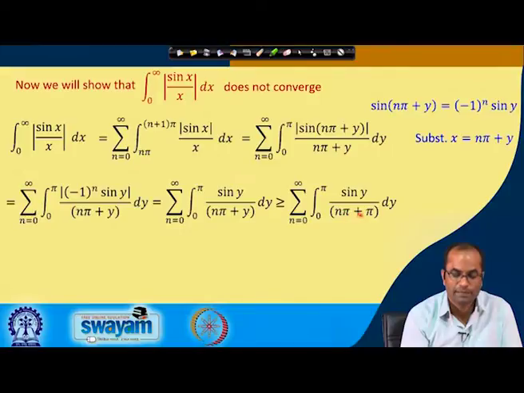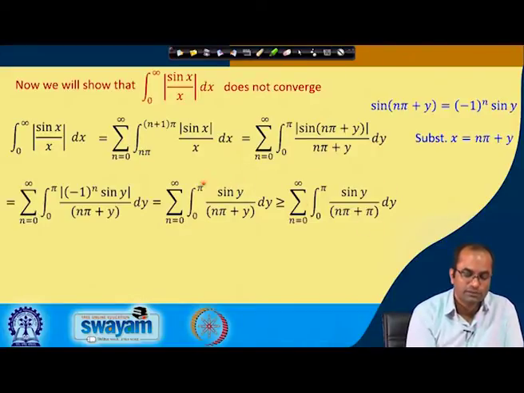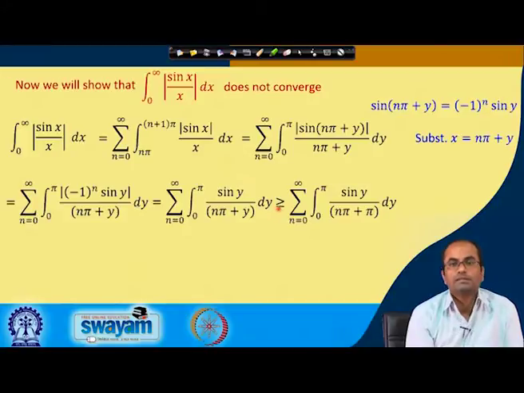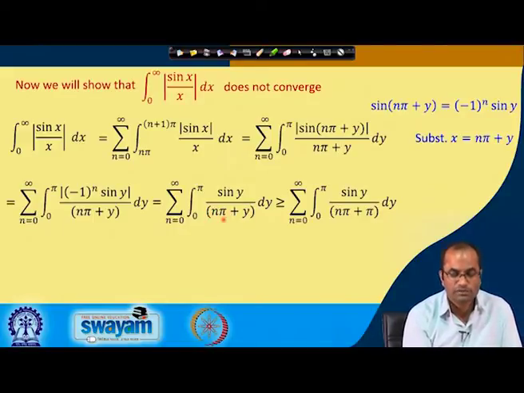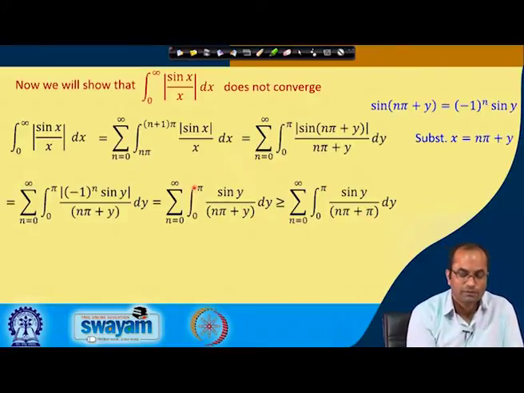So we have nπ + π. So this y is replaced by π, and this integral becomes a smaller integral, and therefore we have the inequality that the original integral is larger, because the integrand is now taking a lower value. The denominator was replaced by the highest value, which is π there. So nπ + π.